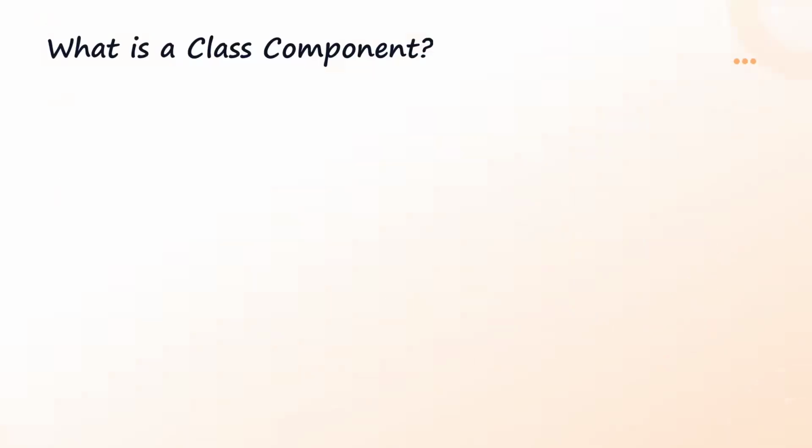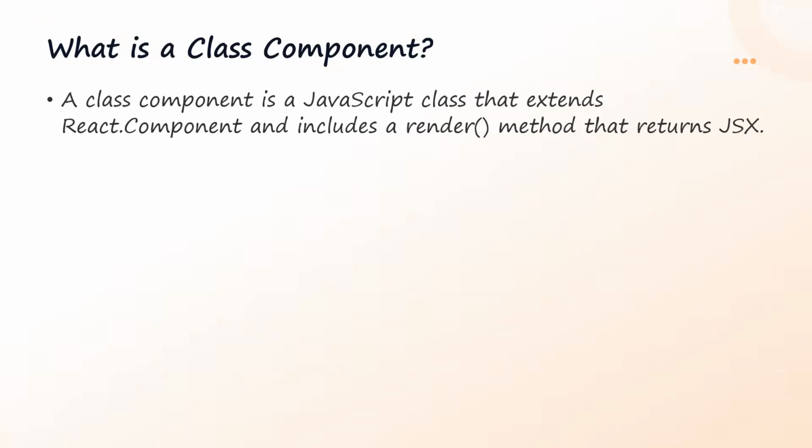Okay. So class components, what is a class component? A class component is a JavaScript class that extends React.Component and includes a render method that returns JSX. First of all, it is a JavaScript class. Like I told you before you even came into this class, you should have taken our JavaScript for Beginners class and also the JavaScript Mastery class. That is where we teach you classes in JavaScript.